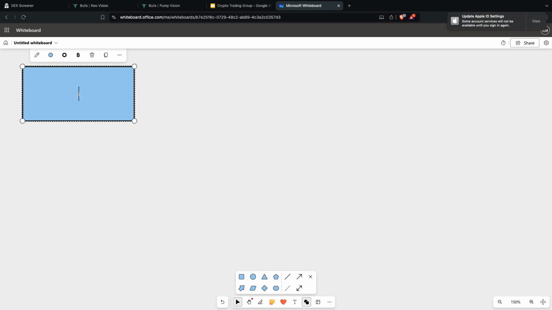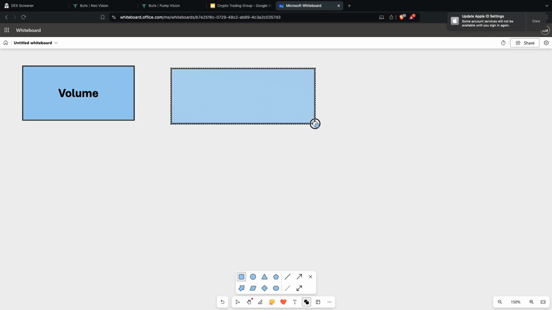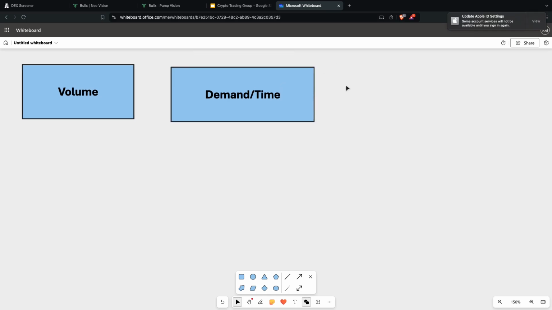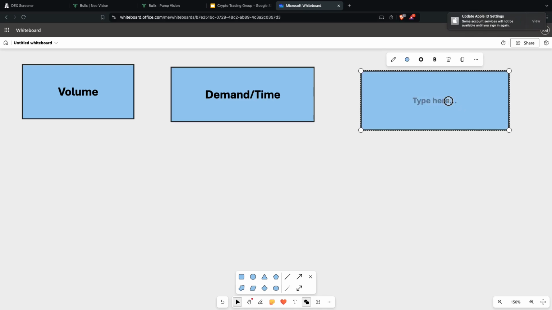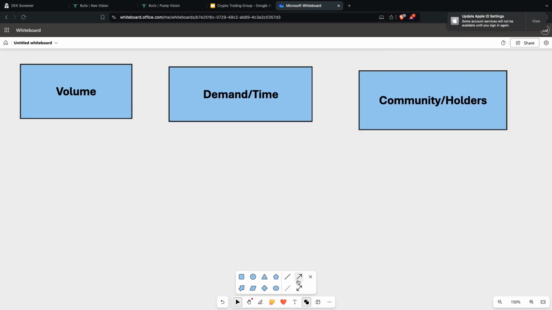Number one, the things that really separate the best meme coins from the worst meme coins are volume, demand, which really drops down into time frame, and also the community, which is the number of holders and the people who are supporting and rallying behind a project.